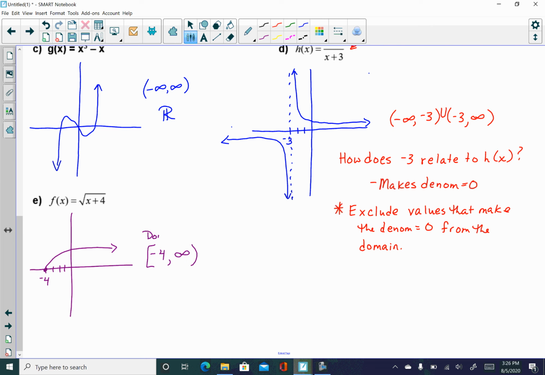Again, on all these problems, we've been identifying what our domain is. And now I'll ask you this. How does -4 relate to this function, f of x? Look back at our function here. How does that -4 relate to that function?